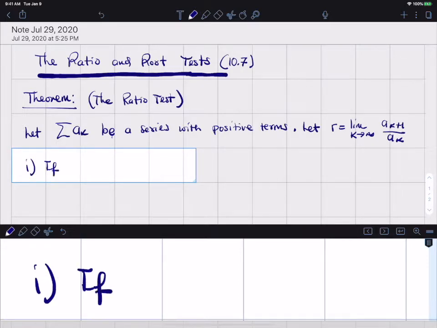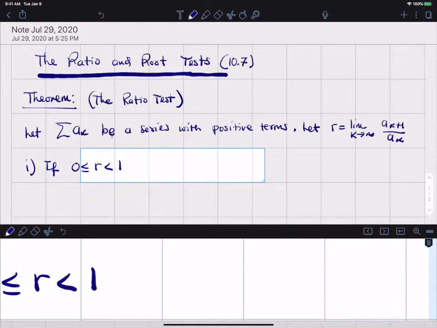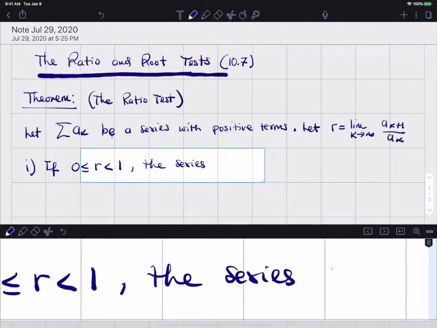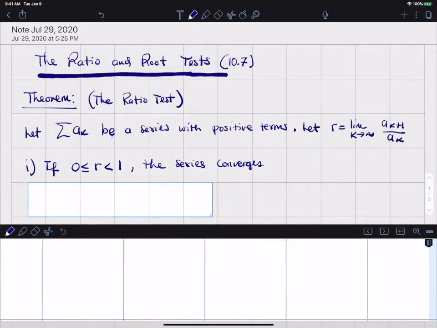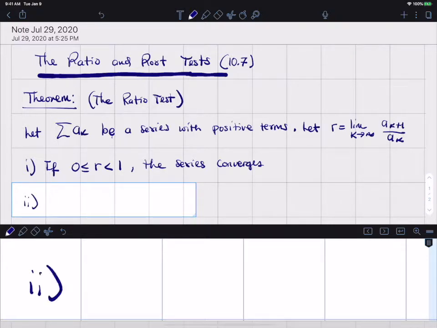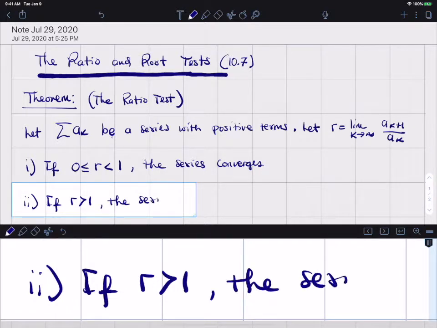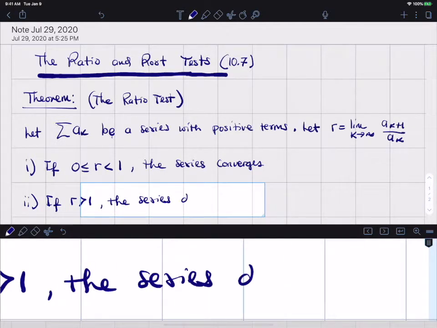If R is between 0 and 1, then the series converges. Alright? If R is greater than 1, the series diverges.